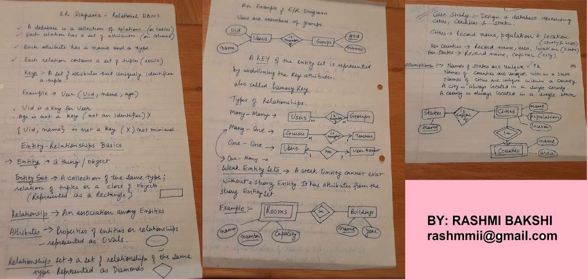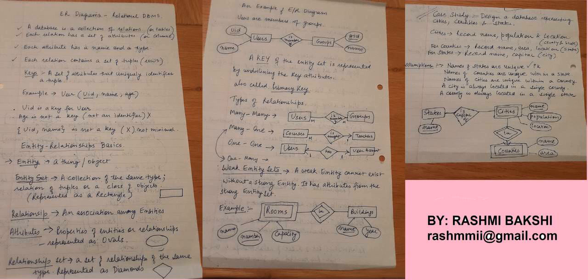Moving on to weak entity sets. So a weak entity in an ER diagram is an entity that cannot exist independently. So they need a strong entity in order to exist, and they have to adopt the attributes from the strong entity. So in this case, we have buildings as a strong entity which has two attributes, name and year.